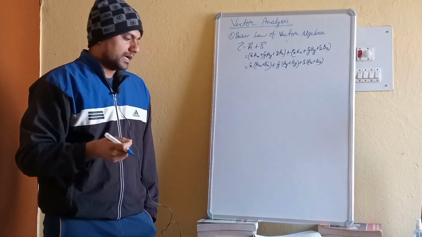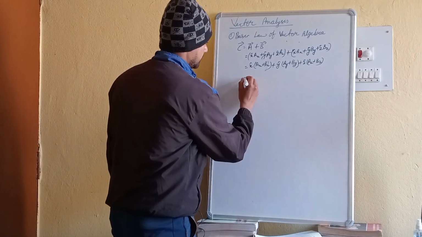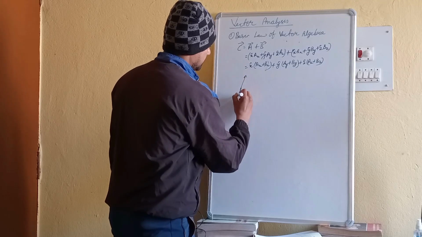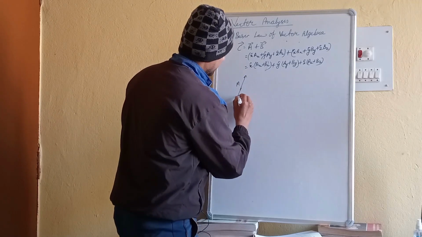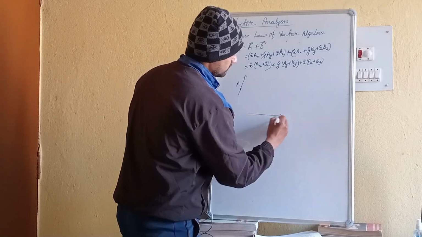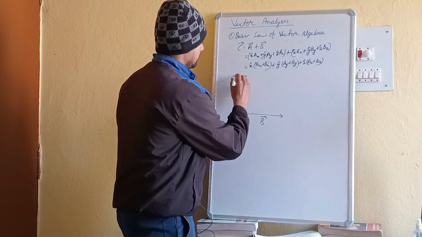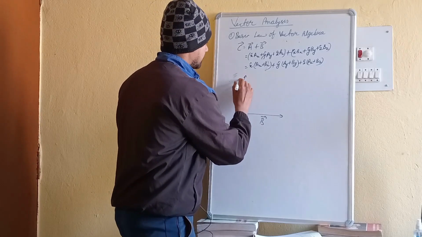And how can we represent this graphically? Now you can see this is vector A, and the second vector can be anywhere. For example, this one is vector B. In space we can shift vectors.